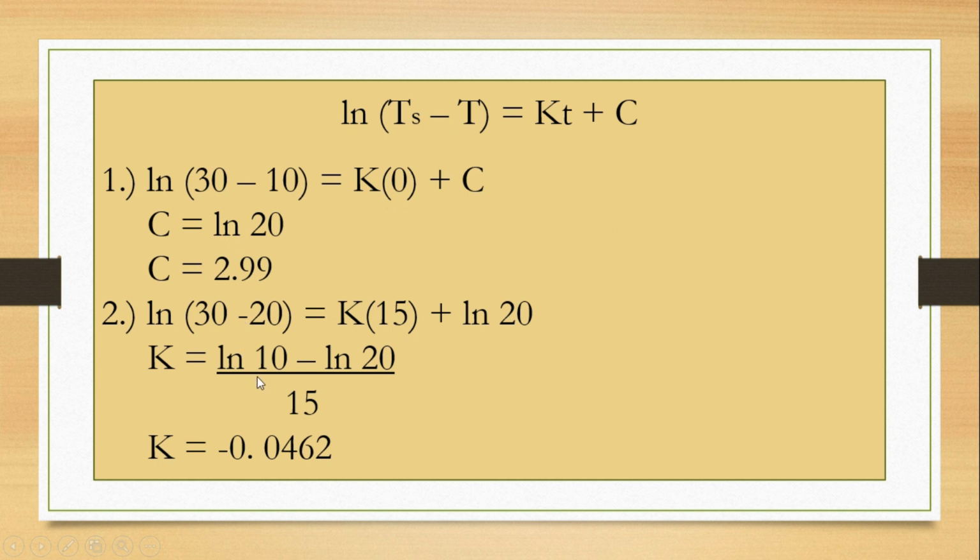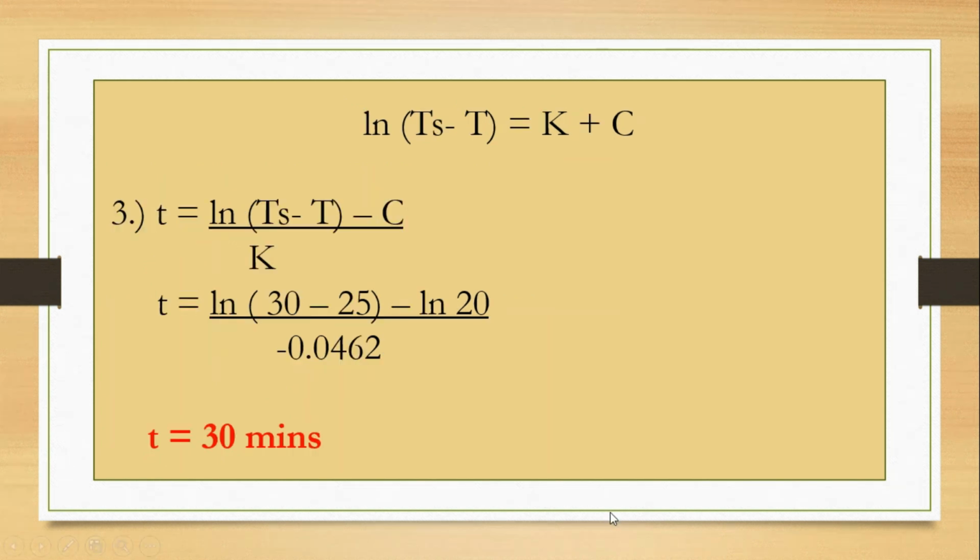So we will have k equal to ln 10 minus ln 20 divided by 15. So our k would be negative 0.0462.